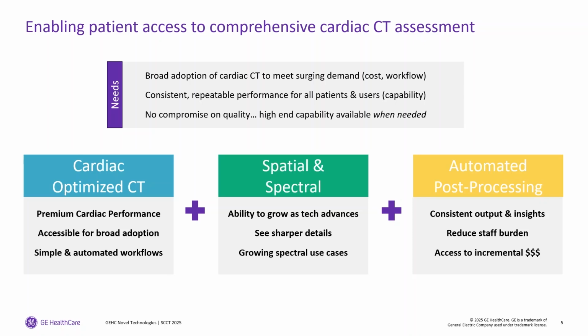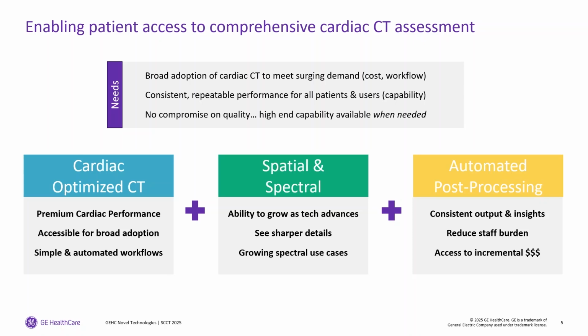So over the next few minutes, I'm going to talk about 3 different areas of novel technologies that GE Healthcare is working on to make this comprehensive cardiac CT available and accessible to more providers and more patients around the world. So it starts first with a cardiac optimized CT, a system capable of providing premium cardiac performance, but accessible for broad adoption.